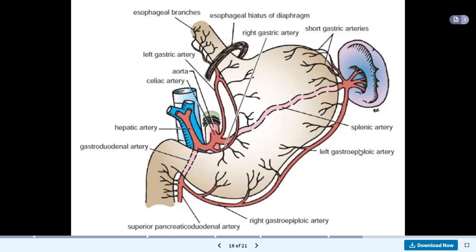The left gastroepiploic artery also came from the splenic artery. So this is the blood supply to the stomach.